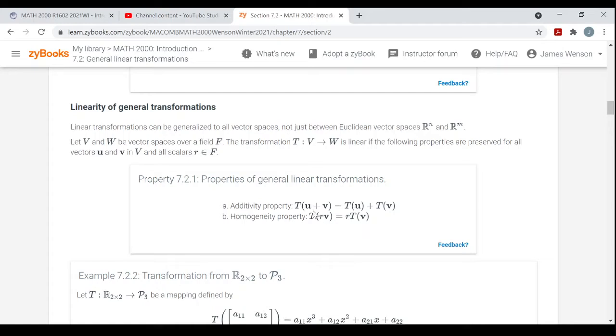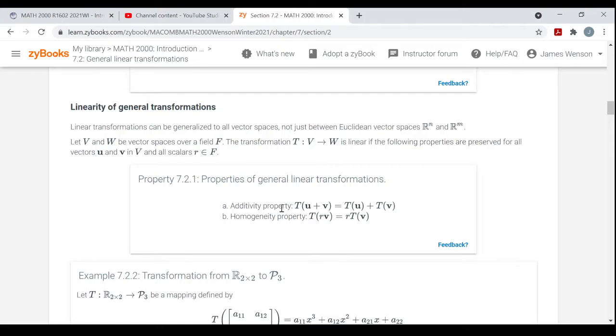So if for every pair of vectors u and v from the domain, T of u plus v equals T of u plus T of v. And if for every vector v from the domain and every scalar r from some field, usually it's the real numbers, T of rv is equivalent to r times T of v.